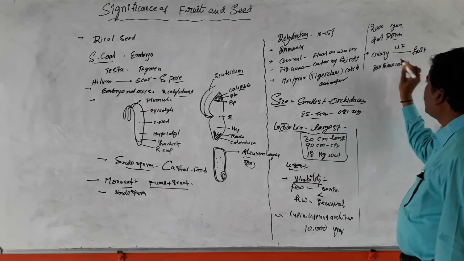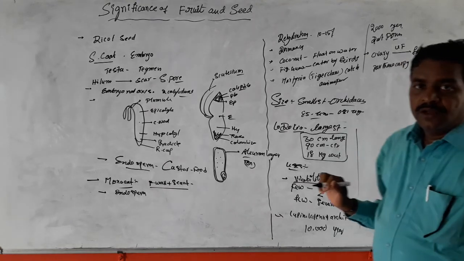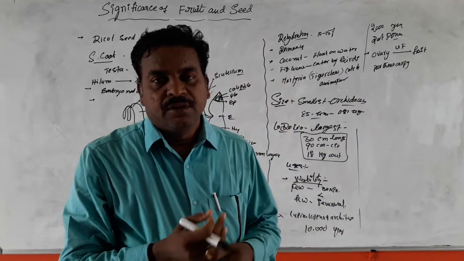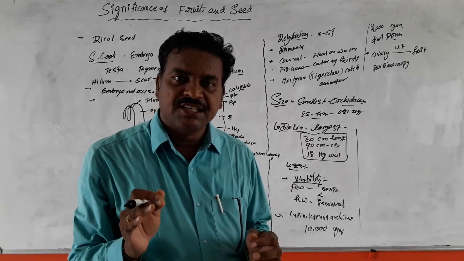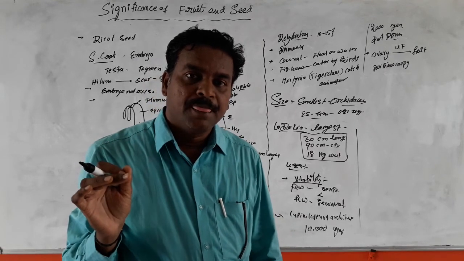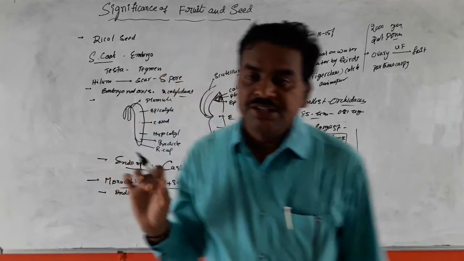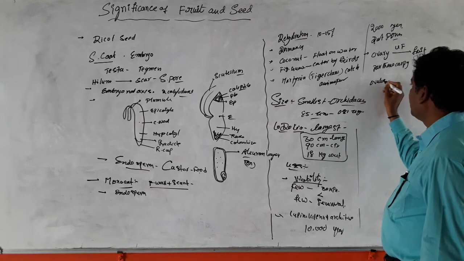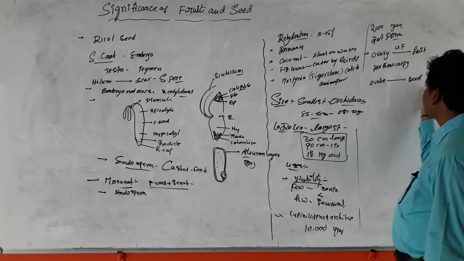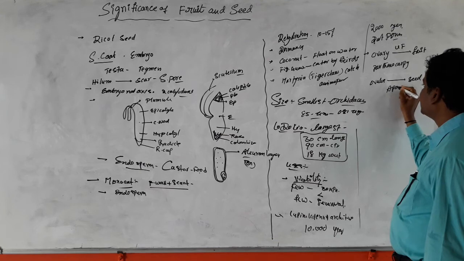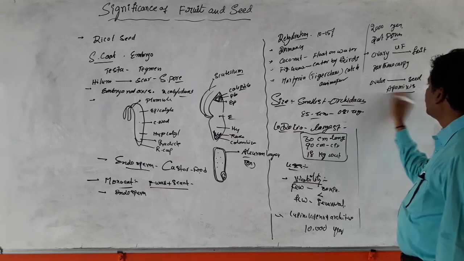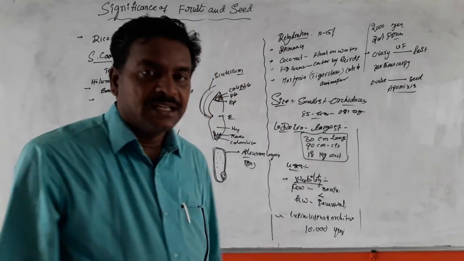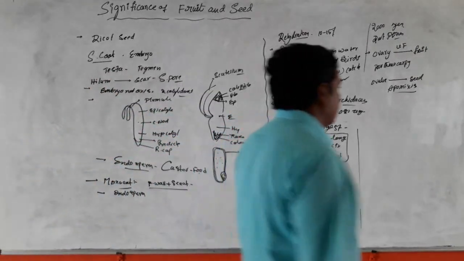Similarly, in some Australasian grasses there is a special mechanism, the formation of seeds without fertilization. This is considered apomixis. Apomixis is a type of asexual reproduction that mimics sexual reproduction.